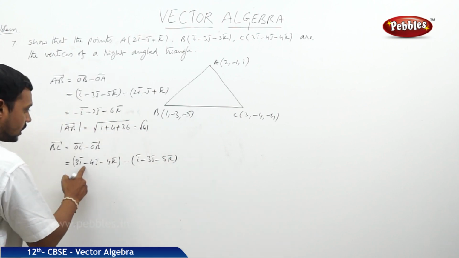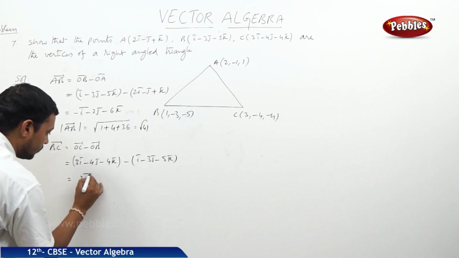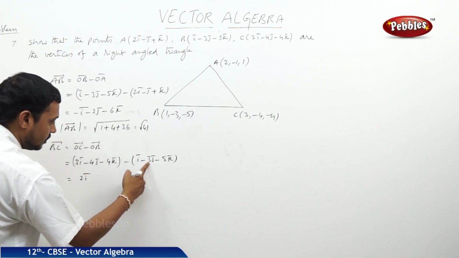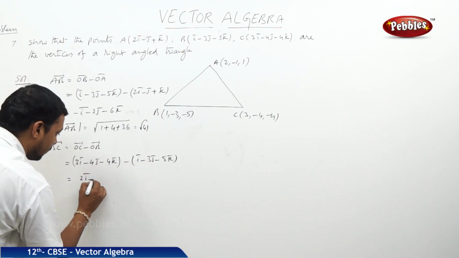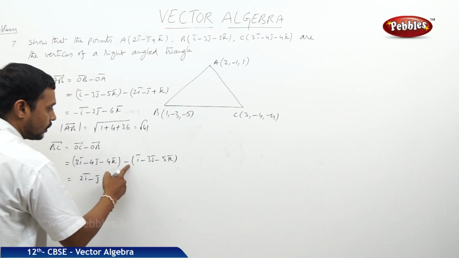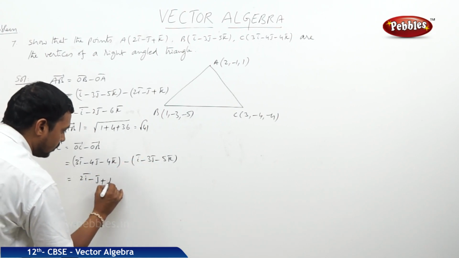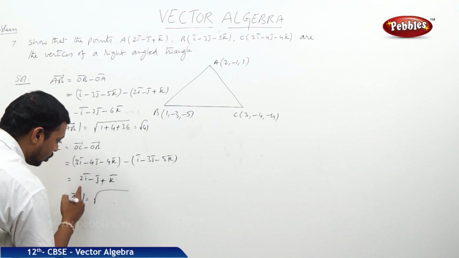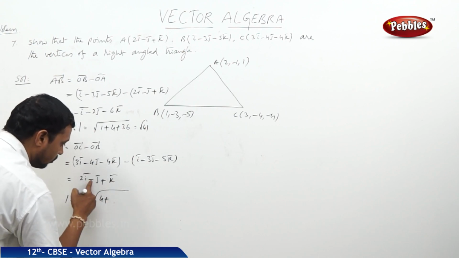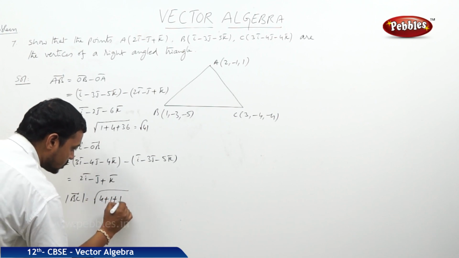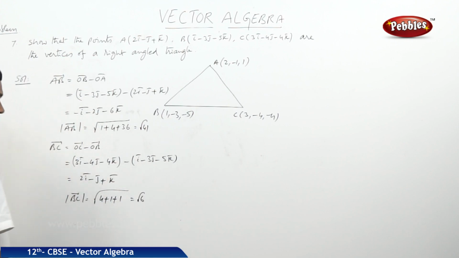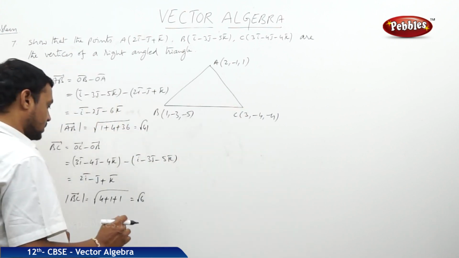Now 3I minus I is 2I, minus 4J minus of minus 3J is minus J, minus 4K plus 5K is plus K. Now what is the magnitude of this vector BC? It is root over 2 square 4, minus 1 whole square 1, 1 square 1. So 4 plus 1 plus 1 is 6, root 6. Therefore the length of this vector BC is root 6.